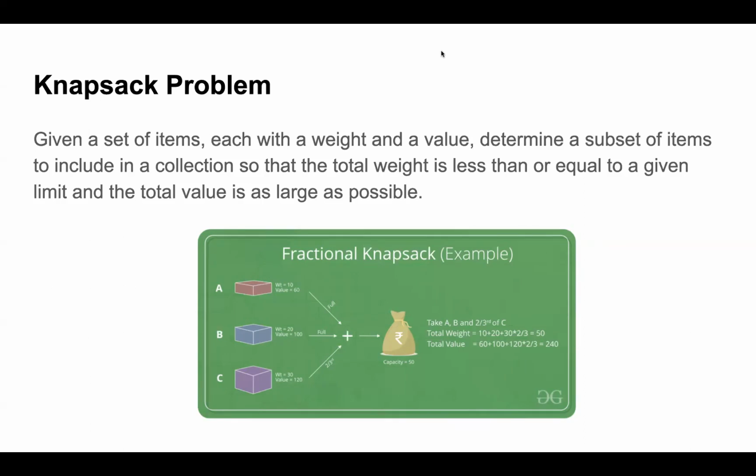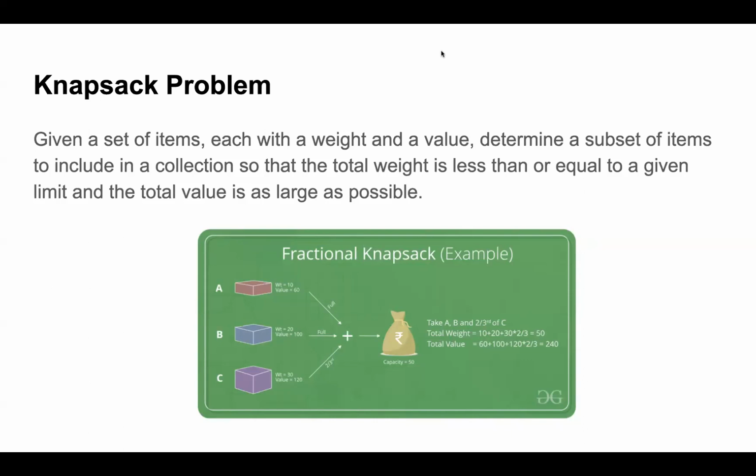If we consider the fractional knapsack here, then what we get is A is 10, B is 20, and C is again 20. 10 plus 20 plus 20 becomes 50, and the profit gained will be 60 plus 100 plus this 80.